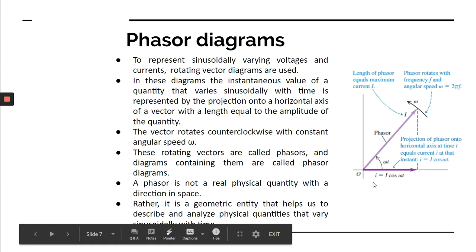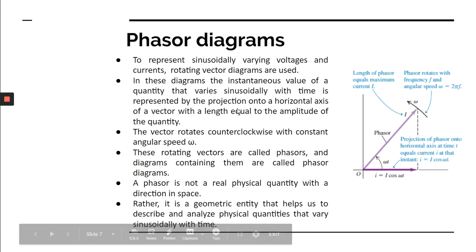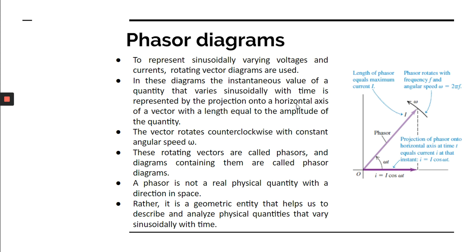In this case we are representing it in terms of cos omega t. Here we are taking I, the instantaneous value of current, equal to I cos omega t. So we are representing the instantaneous value by the projection onto the horizontal axis of a vector with length equal to the amplitude of the quantity.